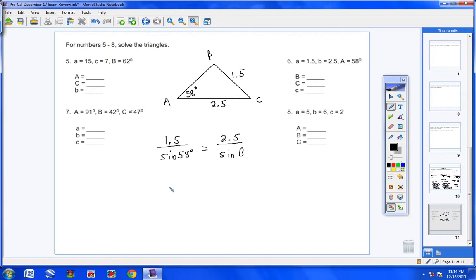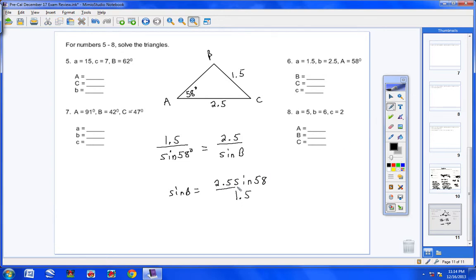Now if you cross multiply and then divide, obviously you would have 1.5 sine of B equals, and then you would have 2.5 sine of 58, but then don't forget what we're going to do is we're going to divide both sides by 1.5. So there we go.